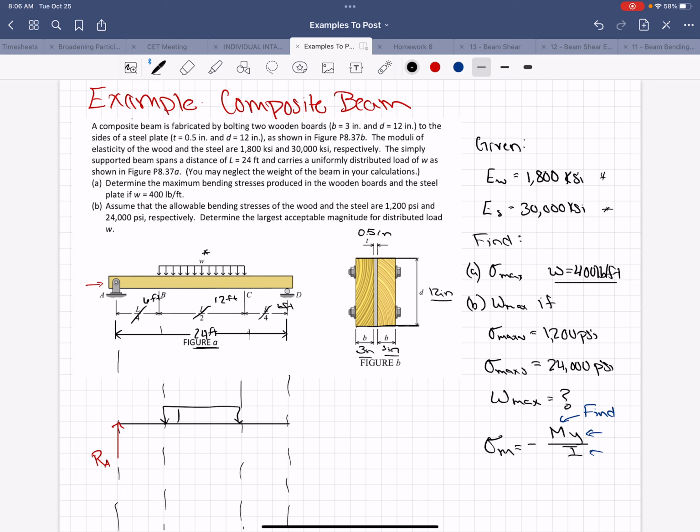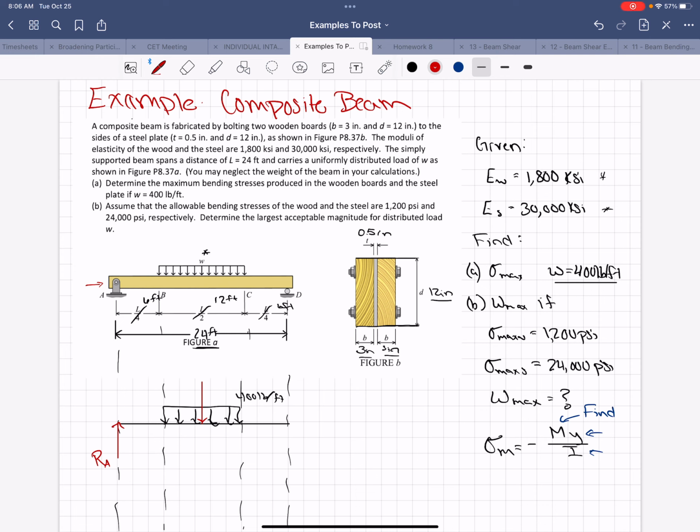Then we have this 400 pounds per foot. We're going to turn that into a point load that's going to act right in the middle of the distributed load, which is right in the middle of the beam.